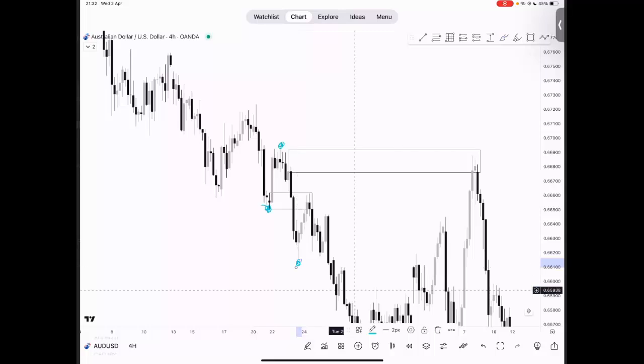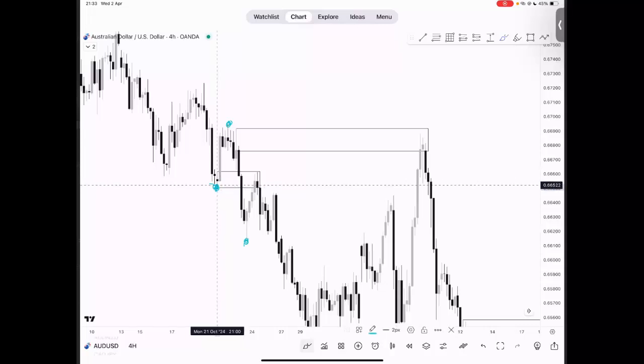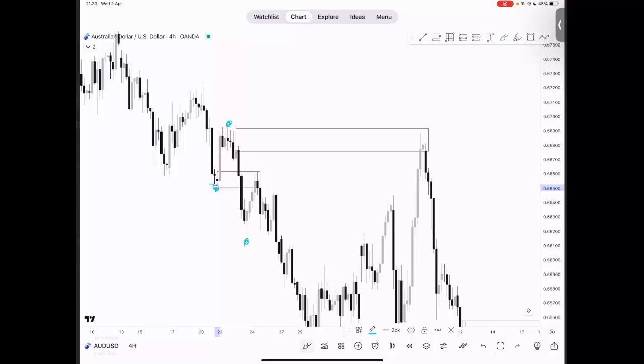Now, this first lower low has created what? This first lower high has created a supply zone and all of that, which price is mitigating and reacting from. But if you look at what happened here, this lower low at this point was broken through with no reaction.